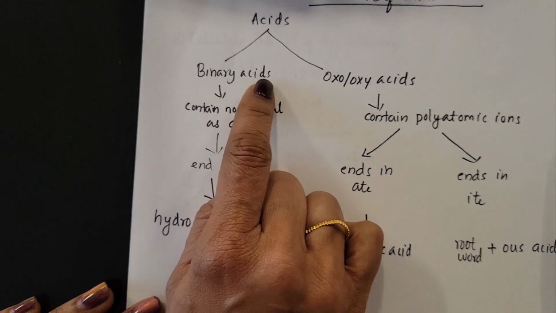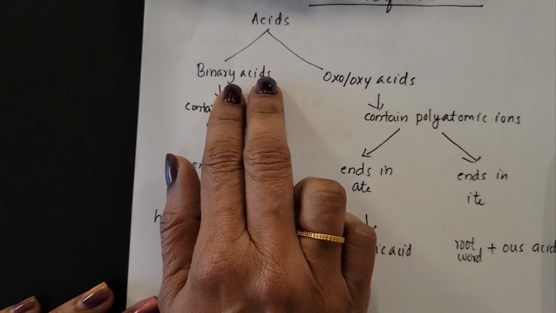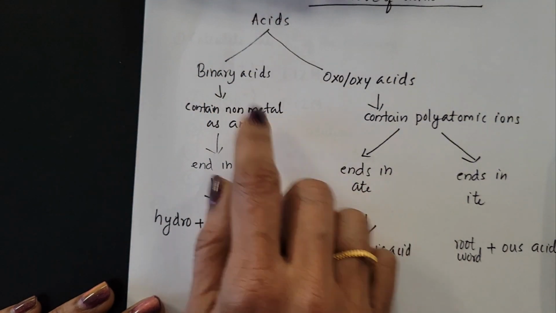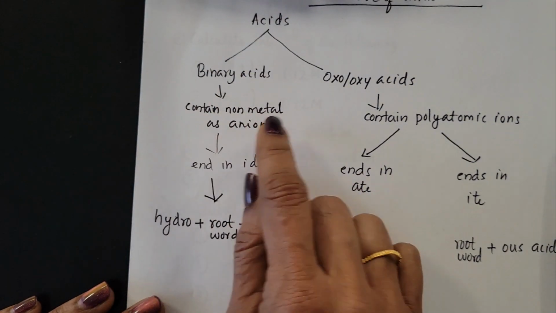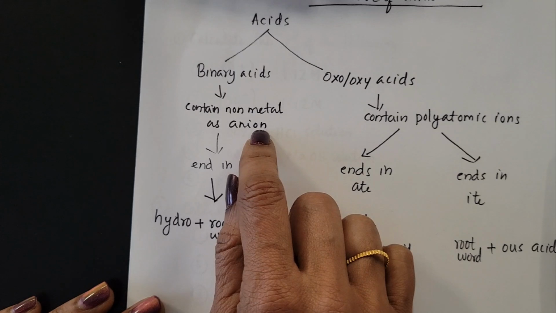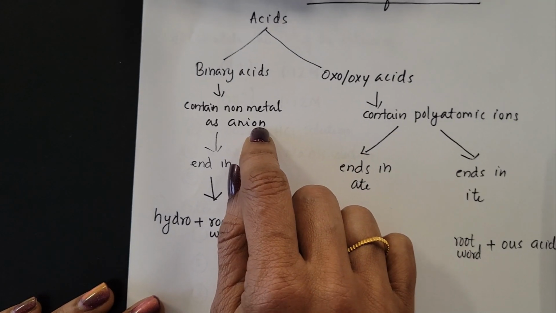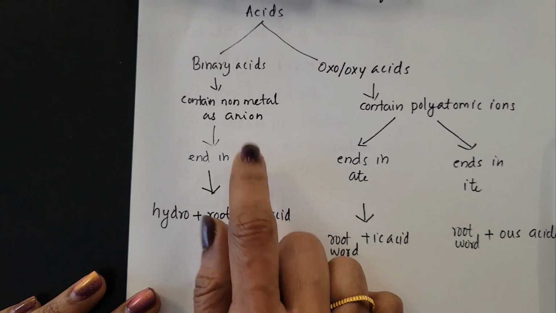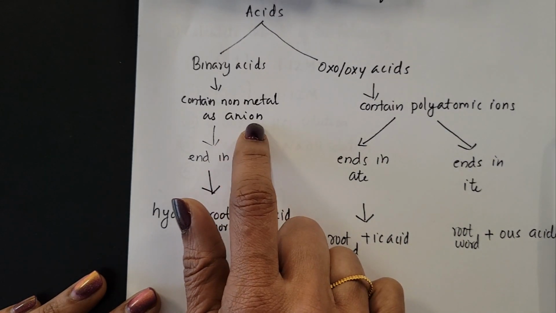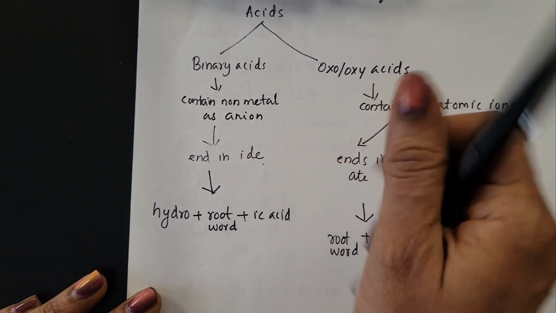One more time, binary means containing two different atoms. The first atom will be hydrogen and the second atom will be a non-metal from your periodic table. Just that one non-metal. Anion means ions with negative charge.